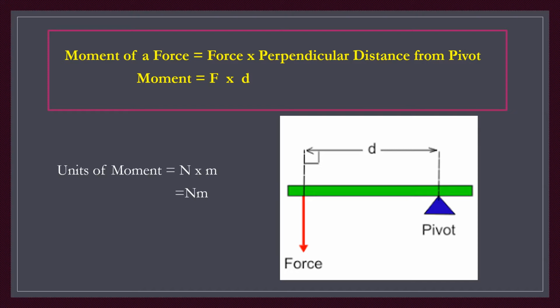In simple form, moment equals F multiplied by D. The unit of moment is Newton meters.